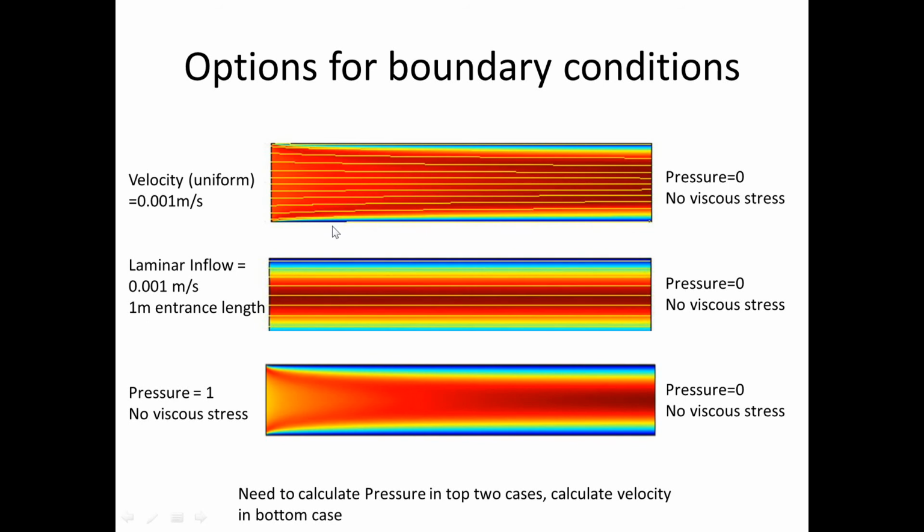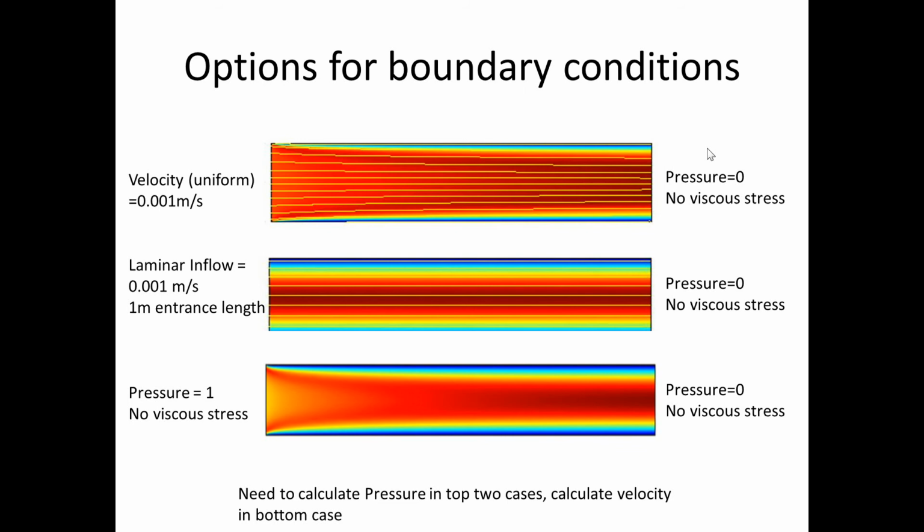So in this case, the walls are a default condition of no flow, no slip, it's called. So the fluid is absolutely stationary. There's no flow in any direction right at the wall. But on the inlet side and on the outlet side, we are specifying either the flow or the pressure. So that's going to be really how things are going to go.